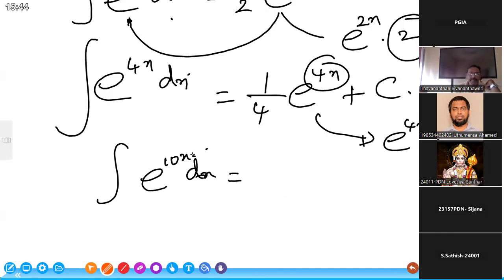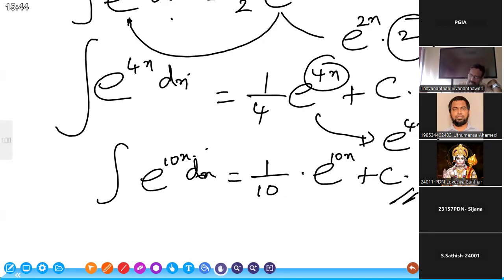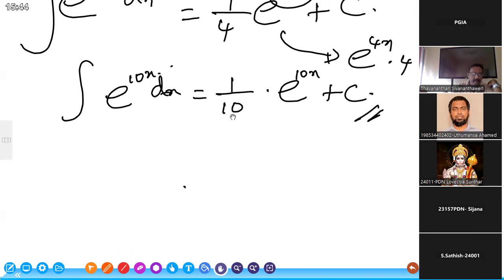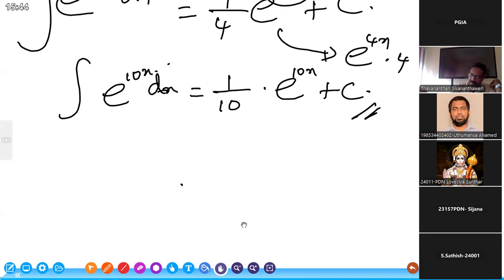So you can write it as 1 over 10 directly into e to the power 10x. That's it. Any questions? All right.